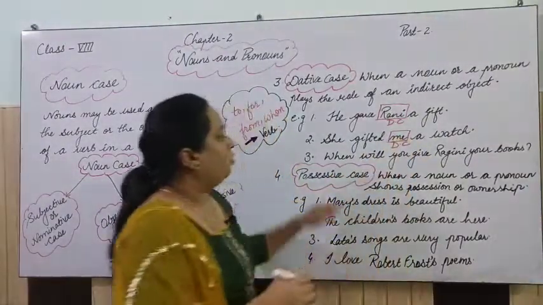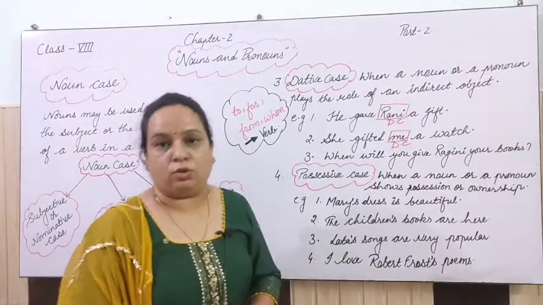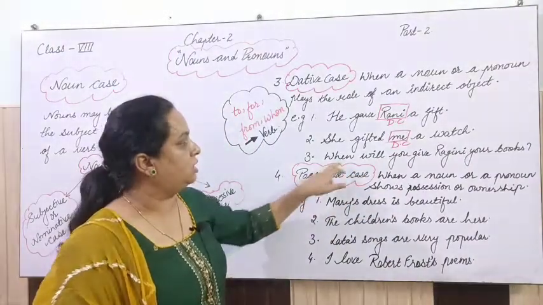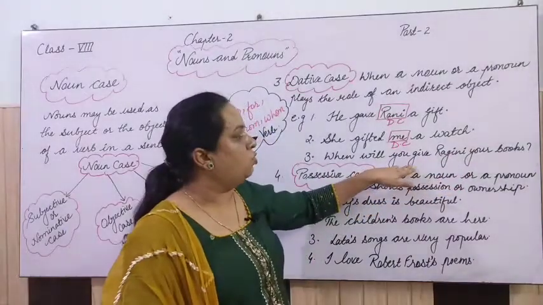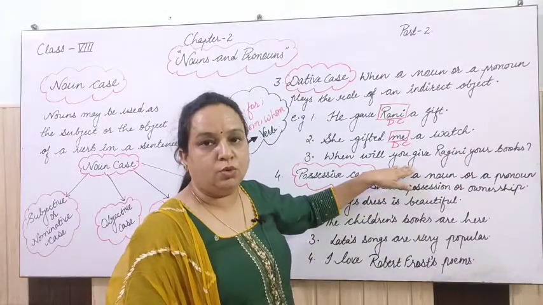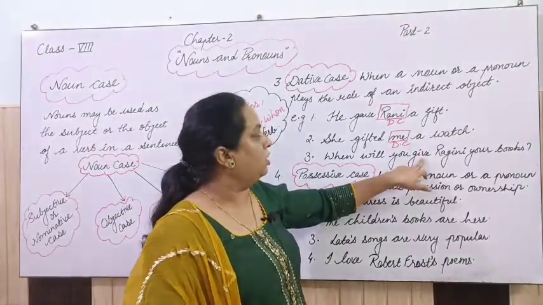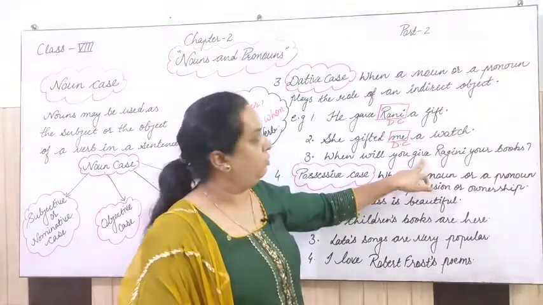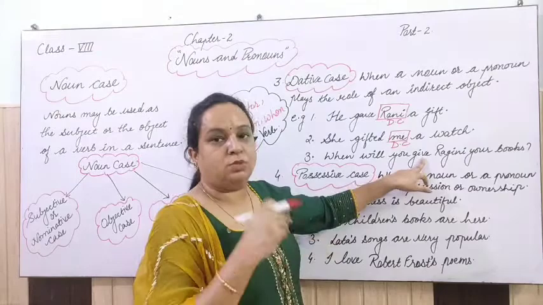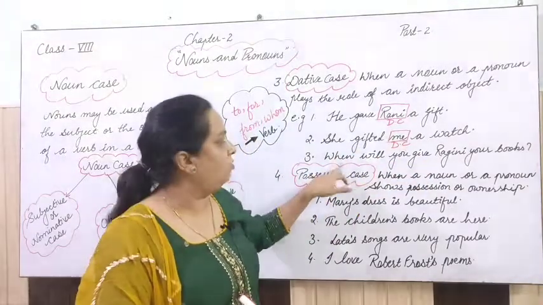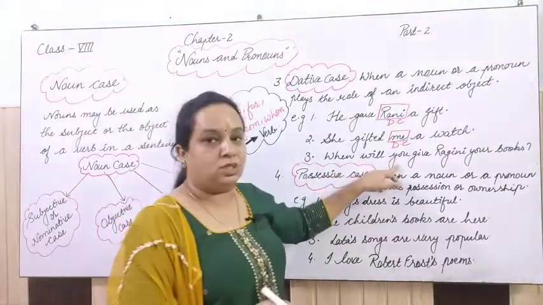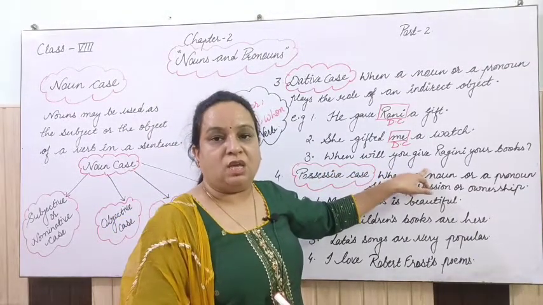So this becomes what here? Dative case. When will you give Ragini your books? Now this is an interrogative sentence. You is subject here. This is a WH family word, this is a helping verb. You is subject and give is the main verb.